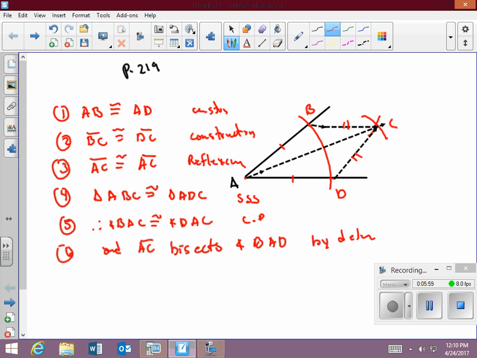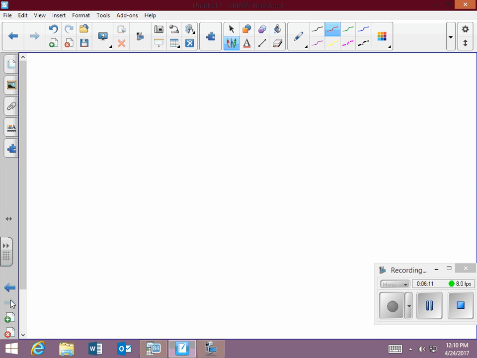Construction 4 on page 220 says to construct a perpendicular to a point on a line. So you have a line given to you, and then you get a point on that line, and you're going to construct a perpendicular to it.